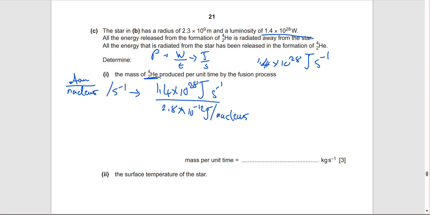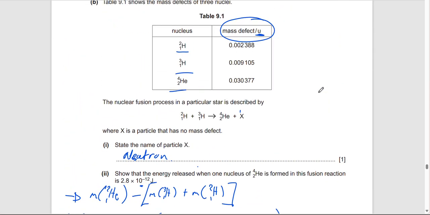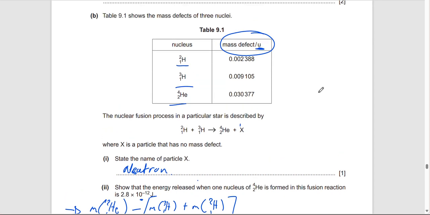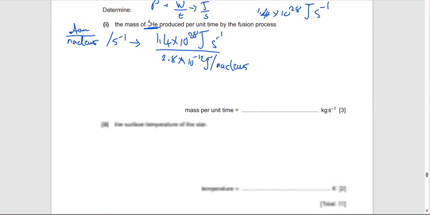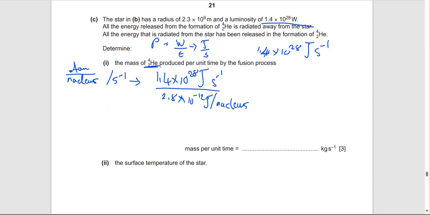We don't use the mass defect, because remember, the mass defect is to account for the binding energy. So we are no longer using this table here. Don't even think about this table anymore. So the mass of one atom is equal to 4u.